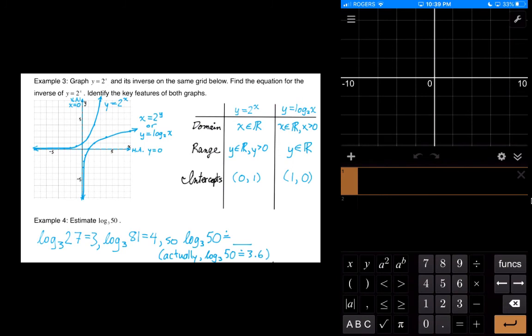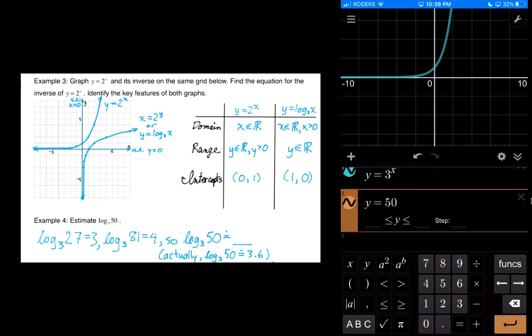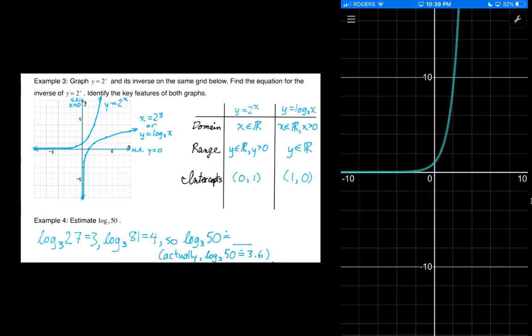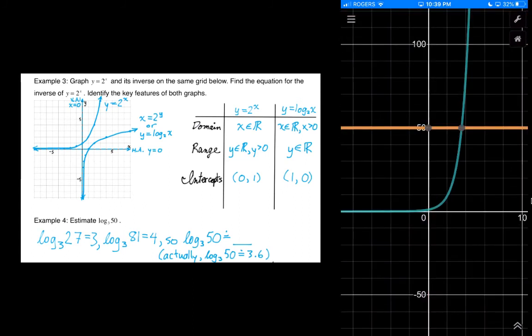I'm going to put in y equals 3 to the x, and then here I'm going to put y equals 50. Now I'll hide those things away, and I can't really see where they cross yet, so I need to zoom out. There we go. And I can see where these two cross. There it is, 3.561. So it's approximately 3.6 that gives you log base 3 of 50.